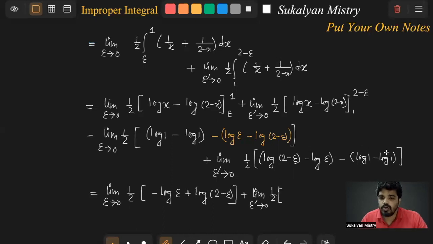Log 1 is 0, log 1 is 0. So we get log 2 minus epsilon minus log epsilon. Sorry, this is epsilon dash. Please correct it. This will be epsilon dash.